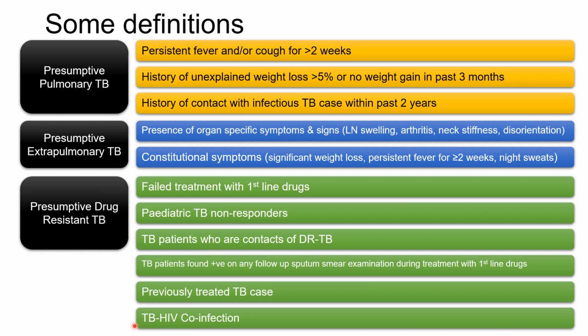And very important, any TB case who has HIV co-infection is always a case of presumptive drug-resistant tuberculosis. So any patient who fulfills the criteria of any of these is a case of presumptive pediatric TB. So that patient has to be taken up for the evaluation or the diagnostic algorithm of presumptive pediatric tuberculosis.